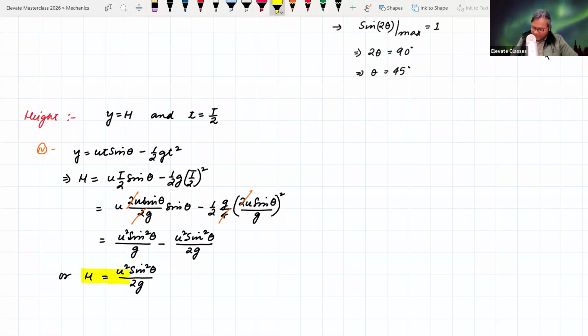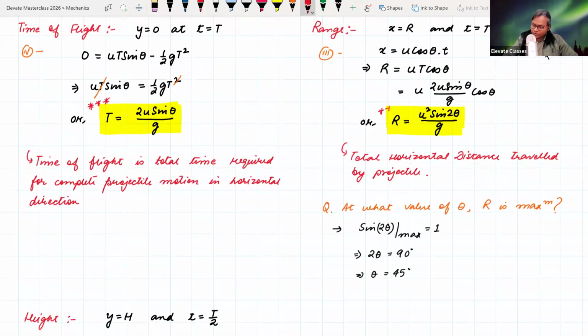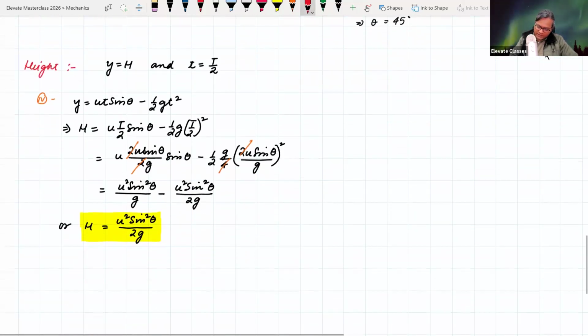So this is the vertical height achieved by a projectile. Again, very important. These expressions, जो भी मैं यहाँ पे yellow में highlight कर रहा हूँ in this PDF as well as in the other lectures, please write them down in your formula sheets so that you can do a quick revision later on.